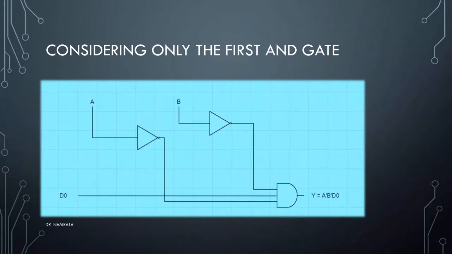We can see that only these three inputs are going to the first AND gate. It is clear from the figure that output of this AND gate will be D0 only when other inputs to the AND gates are 1. That is, A prime is 1 and B prime is 1.